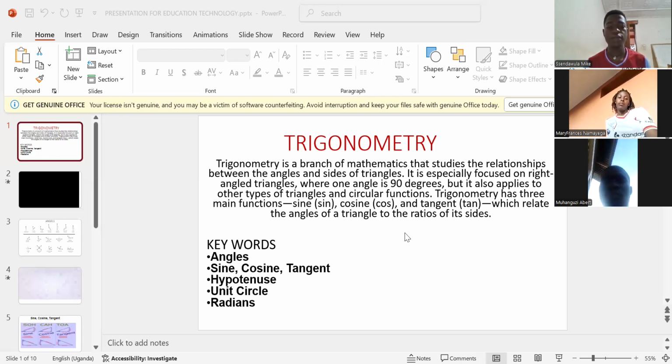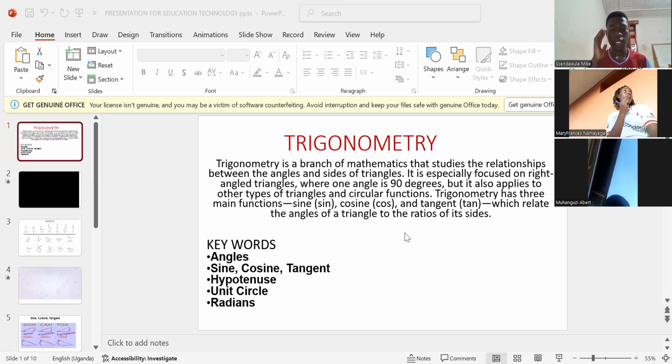I also have Namaiga Mary Francis. This is the team that we are going to use to represent this topic. So in brief, we are going to look at trigonometry, as I stated earlier.